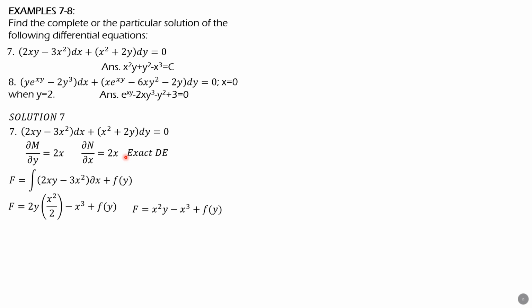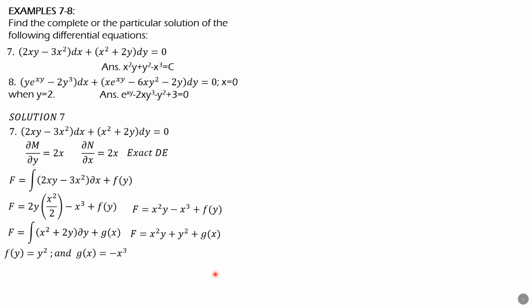So the integral is x squared y plus 2y squared over 2, so y squared plus g of x. So comparing the two, this is present and this term is not present here, and this term is not present there. So therefore, we conclude that f of y is y squared and g of x is negative x cubed.